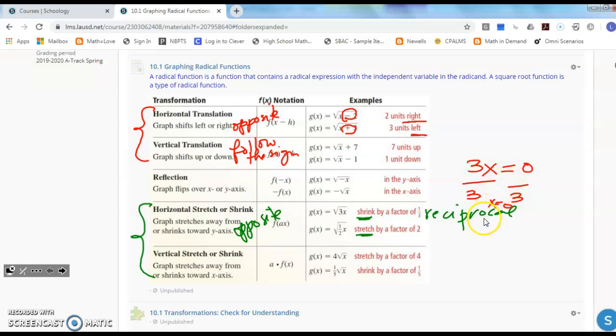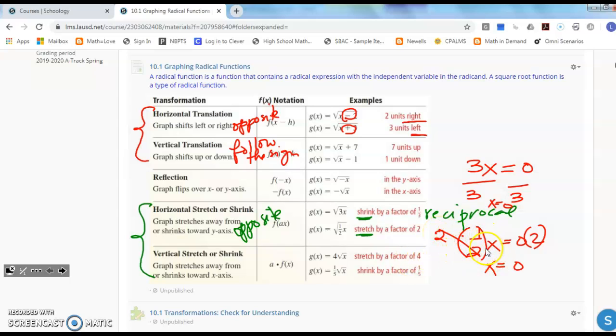So it's similar to when you're solving for the variable x. Since you're dividing by 3 here, then you're shrinking the function, right? What about when you're multiplying it by 1/2? How do you get the x by itself? Well, you have to multiply both sides by 2, right? To get the x by itself. So that's going to be equal to 0.